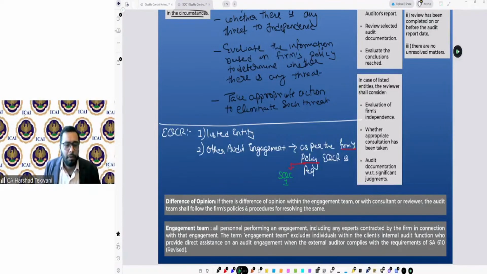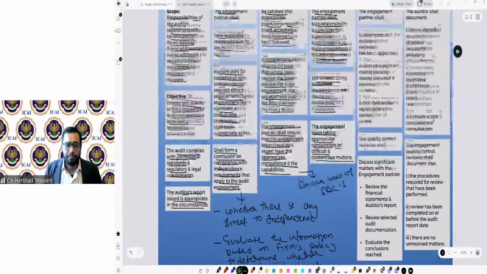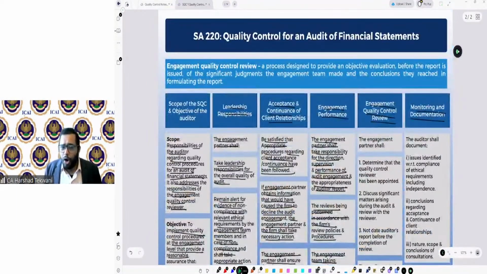Wherever I talk about this term, firm's policy, I talk about the policy designed as per SQC1. So SA 220 says two types of entities should be covered in the EQCR: listed, and other audit engagements defined as per the policy designed under SQC1. And for those audits covered under the EQCR, the engagement partner shall determine that the quality control reviewer has been appointed.